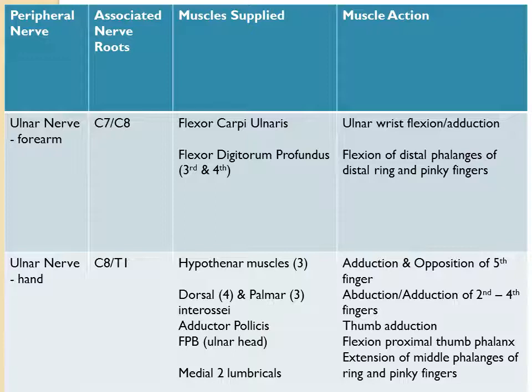The flexor digitorum profundus muscle to the third and fourth digits. Recall that the flexor digitorum profundus goes all the way to the distal phalanx, crosses the distal interphalangeal joint, and so this muscle causes flexion of the distal phalanges of the ring and pinky fingers.